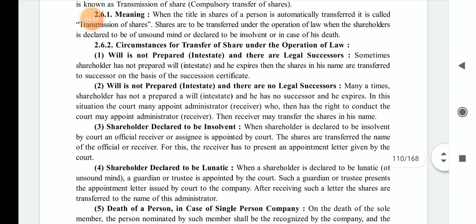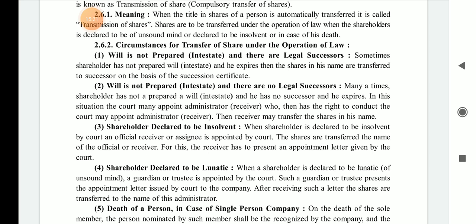Now, circumstances for the transfer of share under the operation of law. See, under operation of law means the transmission procedure. First one is this; this may be asked in 3 or 4 mark questions, so you have to compulsorily tick mark it very properly. Very first thing is that the will is not prepared and there is a legal successor.